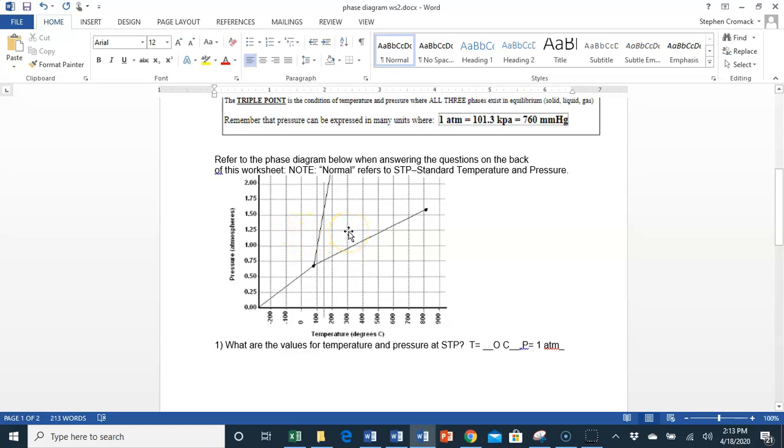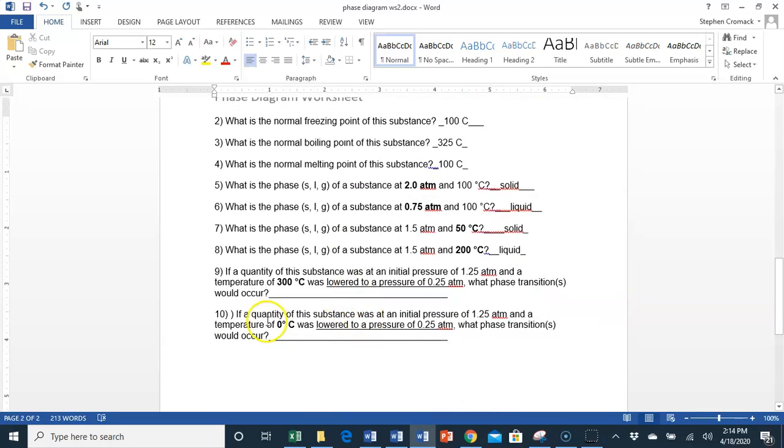So we're in the liquid range, but now we're going to lower the pressure. So I'm going to go down, crossing this line, to 0.25 for the pressure. So this is the line between liquid and gas. So we're going to vaporize. So that would be the state change. We're changing to a gas. So vaporization.